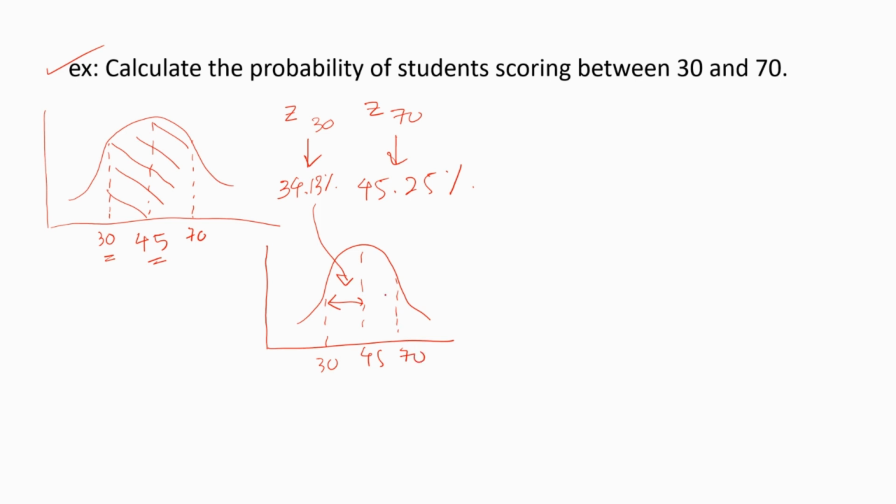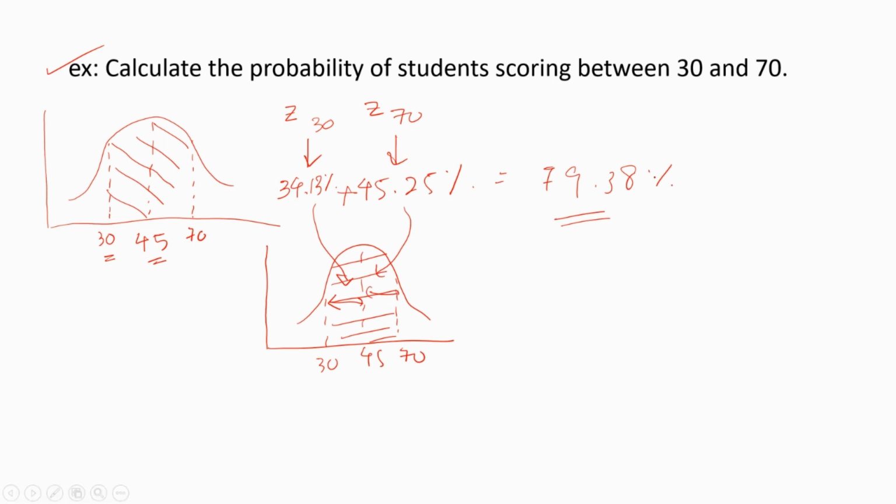This is 70. This area. So now what we have to do is simply add these two values, because this is the area we need between 30 and 70. This equals 79.38%. I hope all clear.